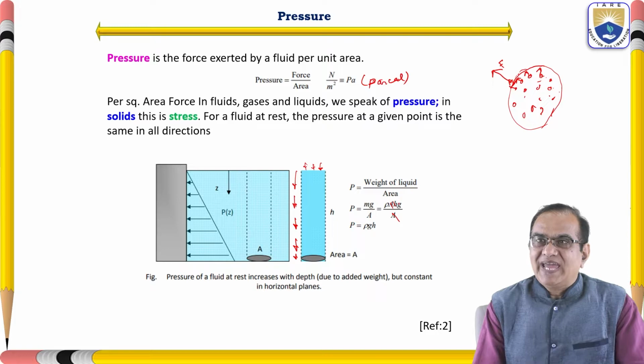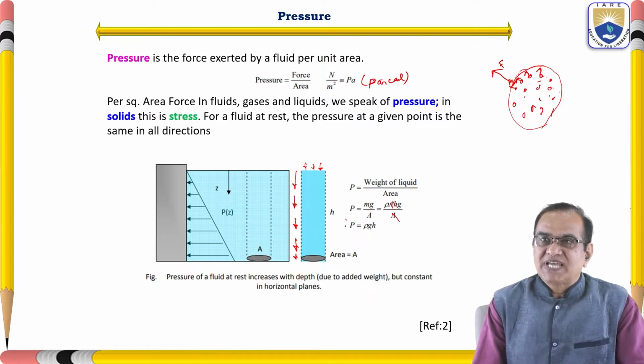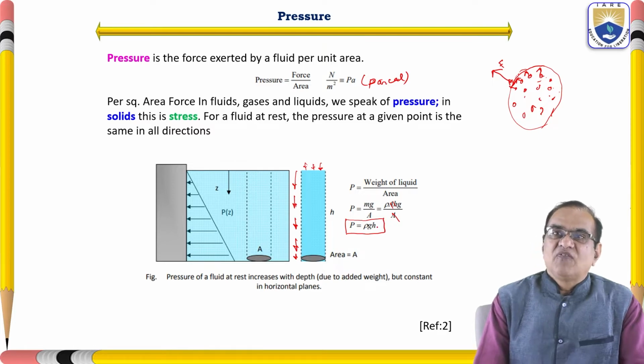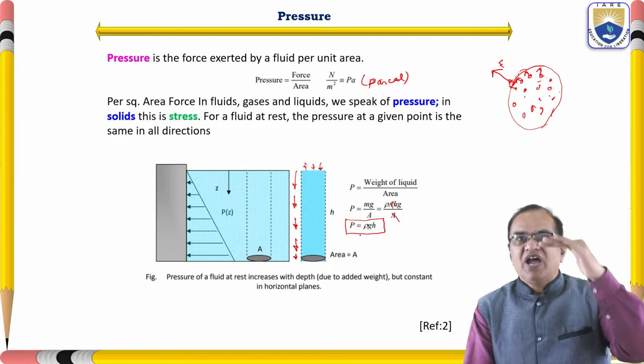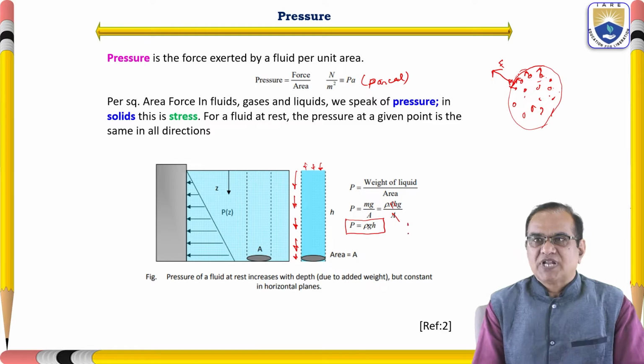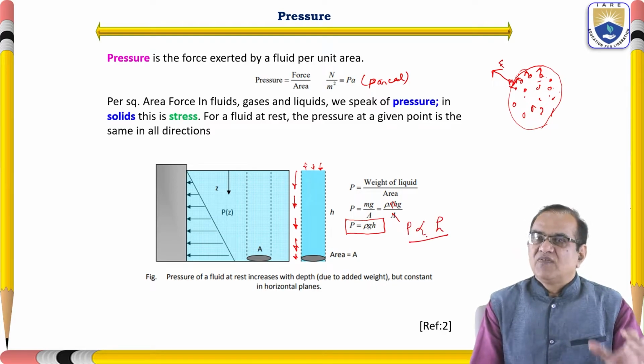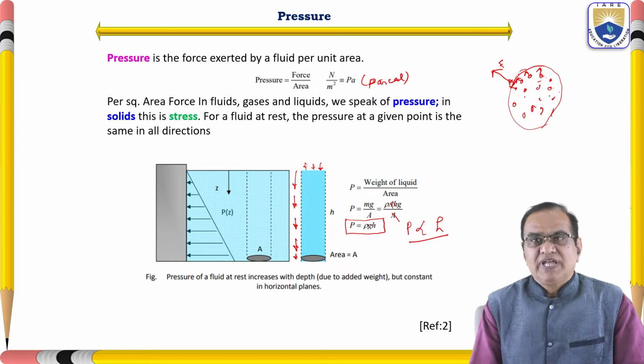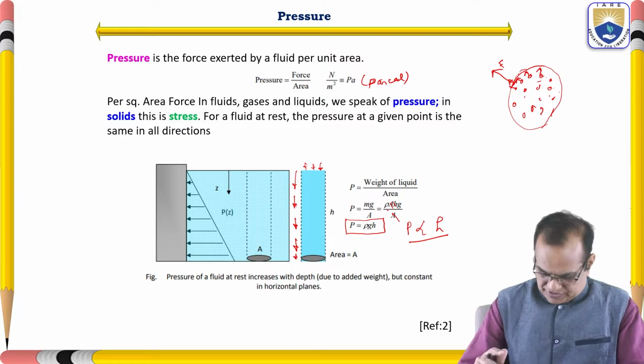So you get rho H g. So the pressure P is equal to rho H g for a fluid which is stationary, and P is directly proportional to the height of the fluid. This is a simple explanation of the pressure on the system.